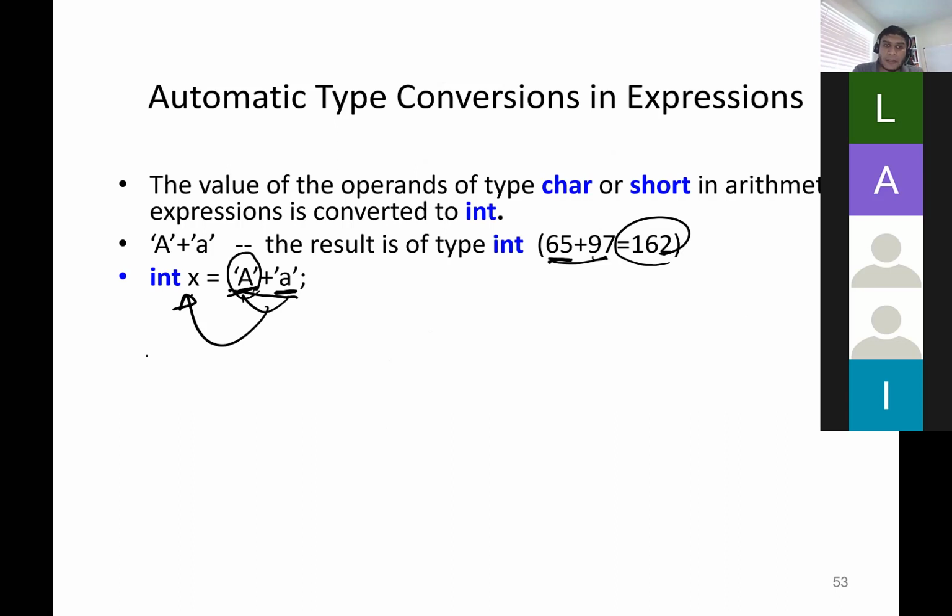On the other hand, if you tried something like this, char x equal 'A' plus 'a'. Can someone imagine what you might expect? What would happen if you try to print x in this case? Error, no, not AA, not 162.